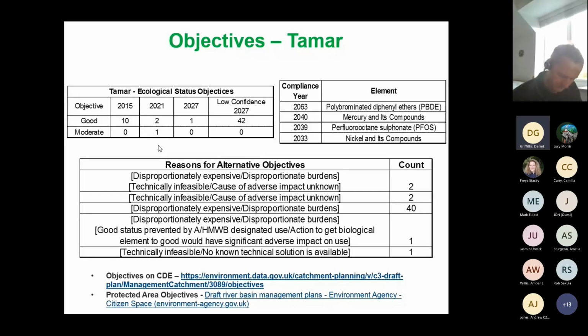And there's just no chance of them getting there. So the reason for setting a lower objective in that case is recognising that there's not an environmental problem that we need to work against. It is just an issue with the data set. It's a classification issue rather than a problem that needs resolving.